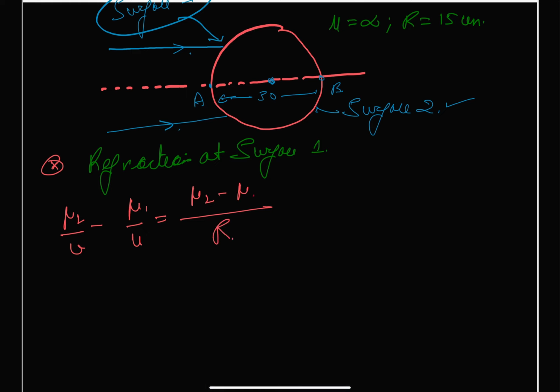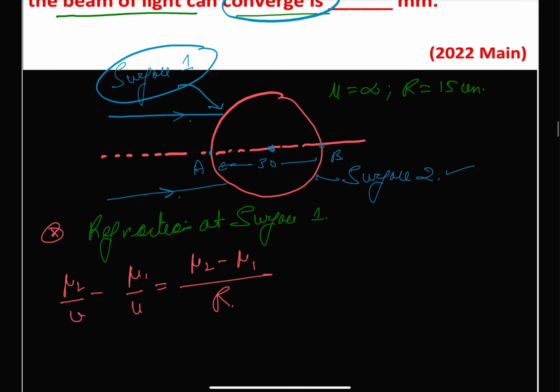And here we have to remember that mu1 is the refractive index for the incident part, so this will be mu1 and this will be mu2.